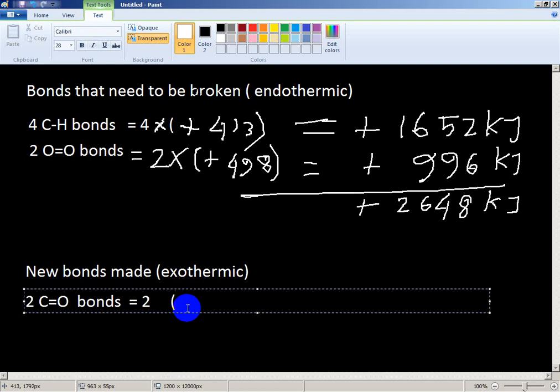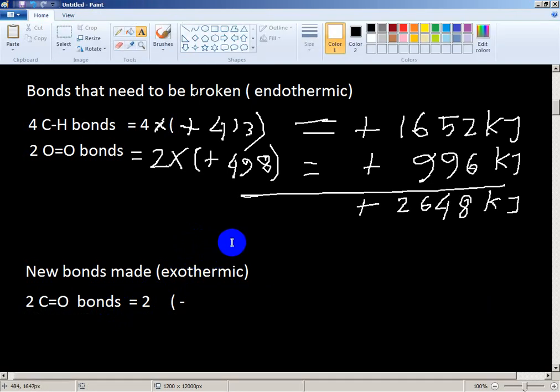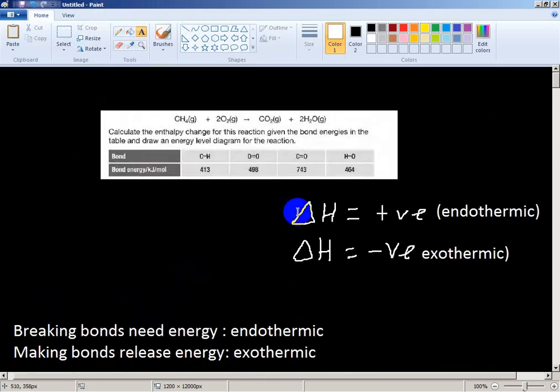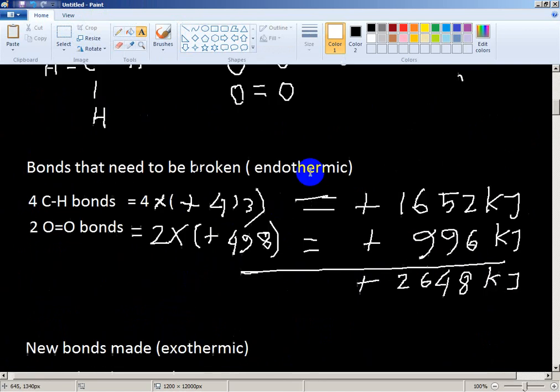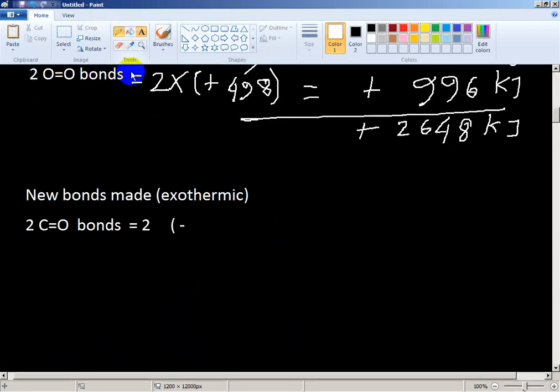Positive or negative sign? Okay, negative sign. What is the carbon oxygen bond? Carbon oxygen double bond energy is, we see this thing here, 743. Have you seen? This is 743.